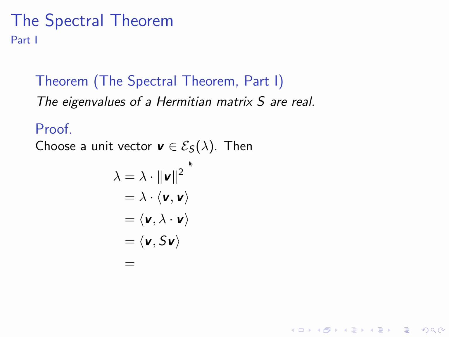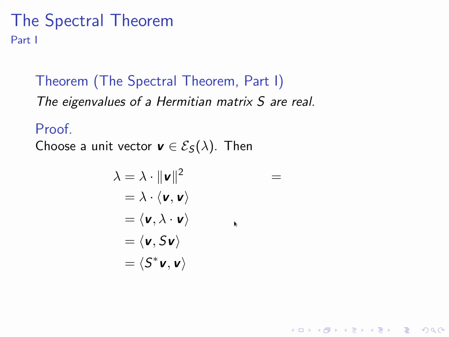Now, we know that v is an eigenvector of the matrix S, where the eigenvalue is lambda. What this means is that lambda times v is the same thing as S times v. This is by virtue of the fact that v is an eigenvector, where the eigenvalue is lambda.